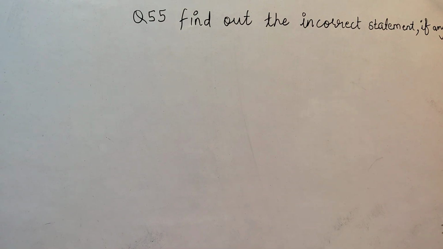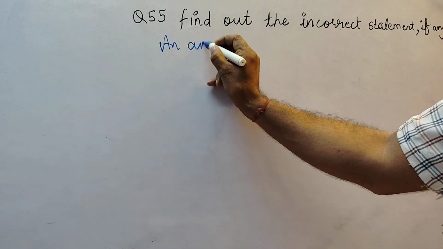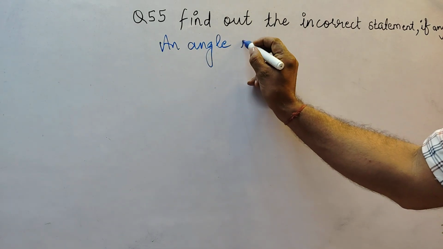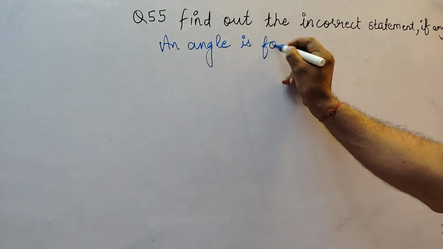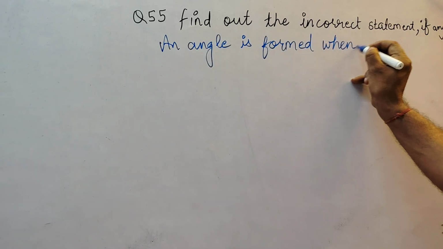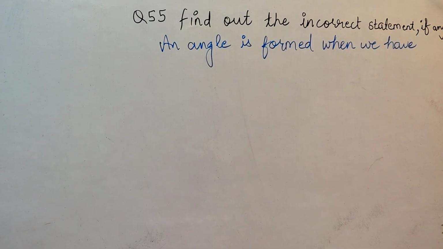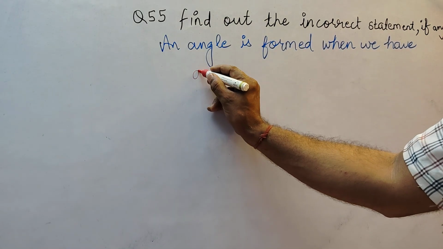So the first statement is, an angle is formed when we have two rays with a common endpoint.